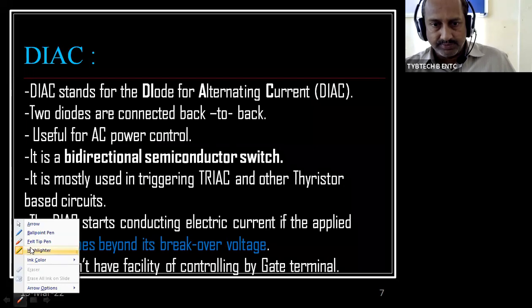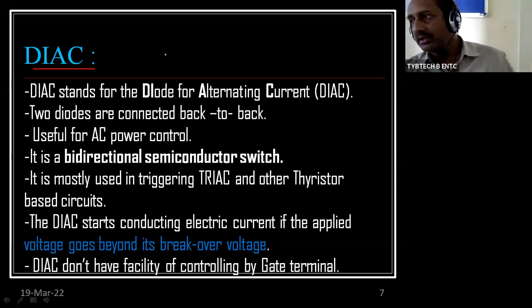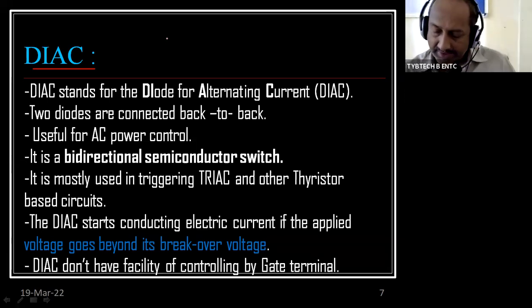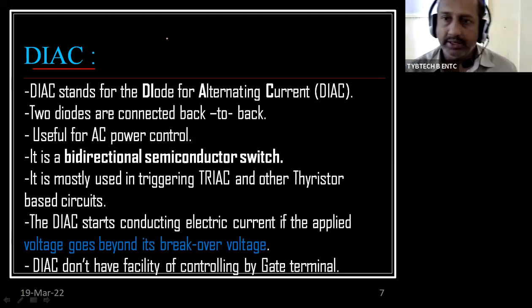Okay, so let us move ahead with the DIAC. For triac we have seen the long form is triode for AC. In the same way, the DIAC stands for diode for AC. AC means alternating current.